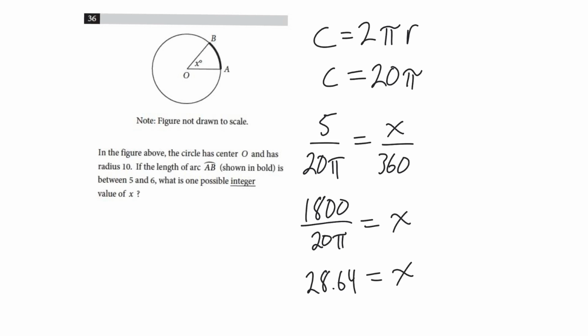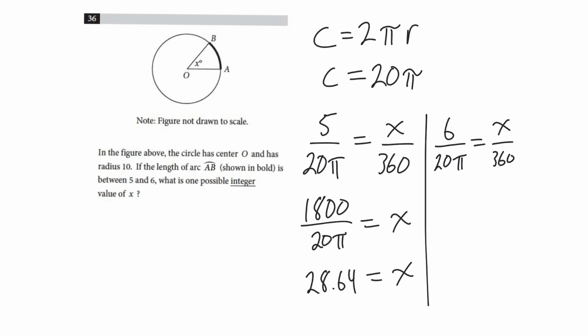Well, what's the maximum value of x? The maximum value of x would just be 6 out of 20 pi equals the max angle out of 360.